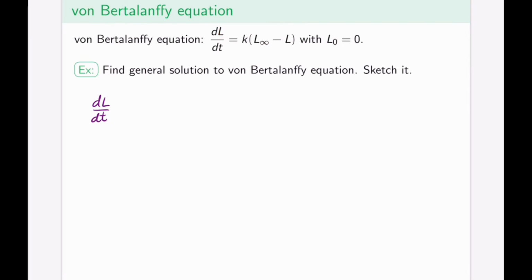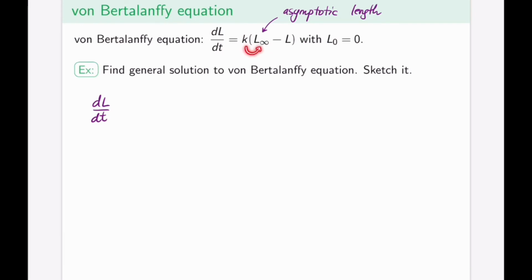So notice that I have a k, a constant of growth. I have an L, which is the same as my dimension here, and I also have L infinity. This is what is called asymptotic length, and this is also a constant. Now, the reason it's called asymptotic length is going to become apparent later in the analysis. For now, we're simply treating this as a number.